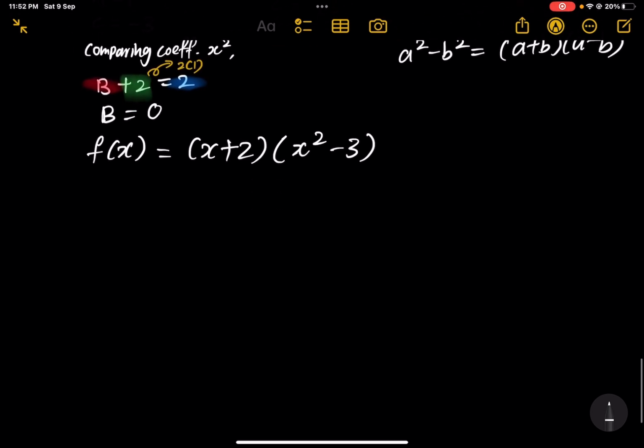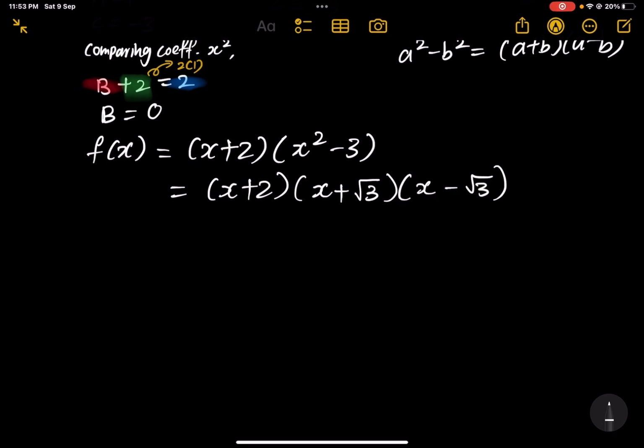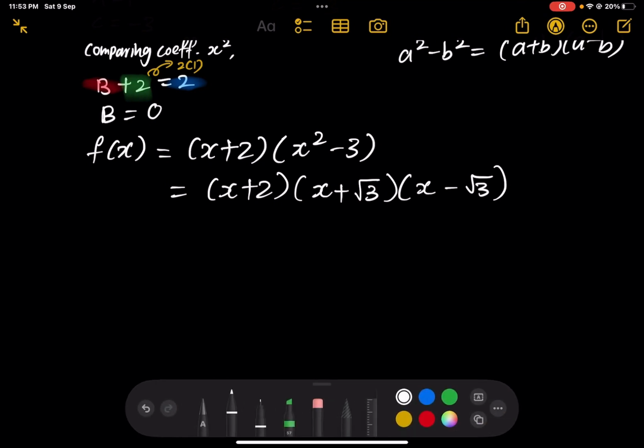Hence, x plus root 3, x minus root 3. Because what we are doing here is x squared minus root 3 squared. So now these are your linear factors.